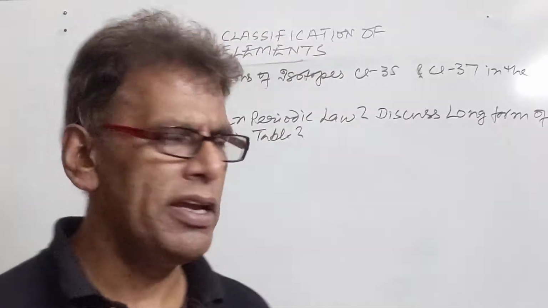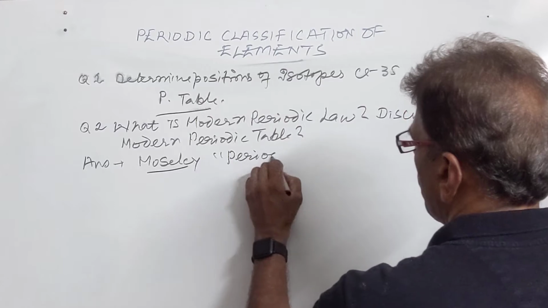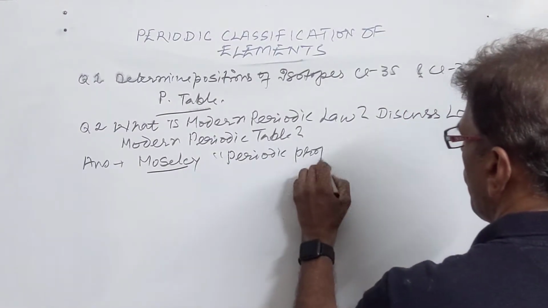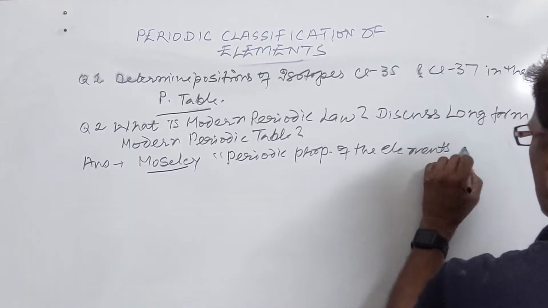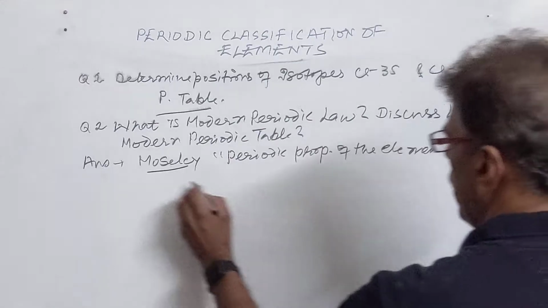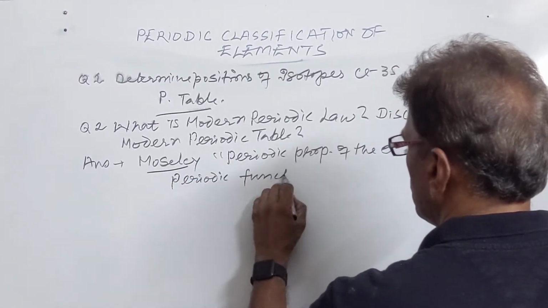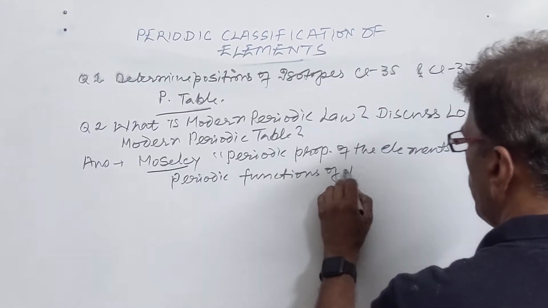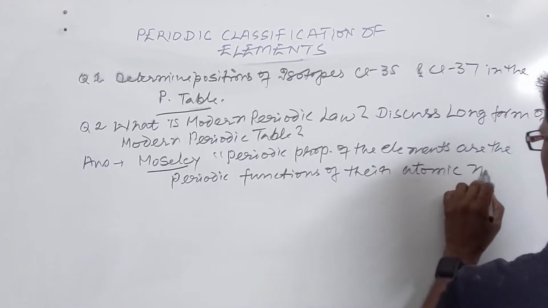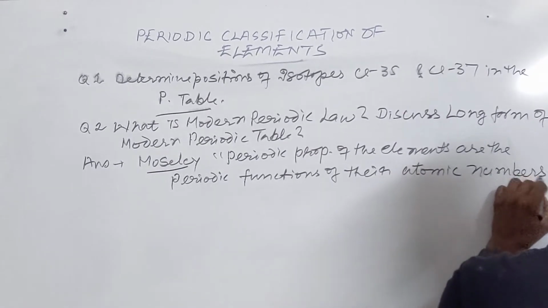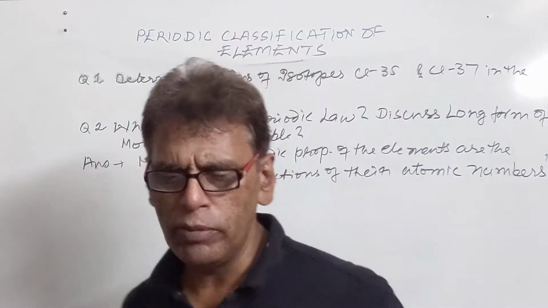He gave this law in 1913, and he said the periodic properties of the elements are periodic functions of their atomic numbers.